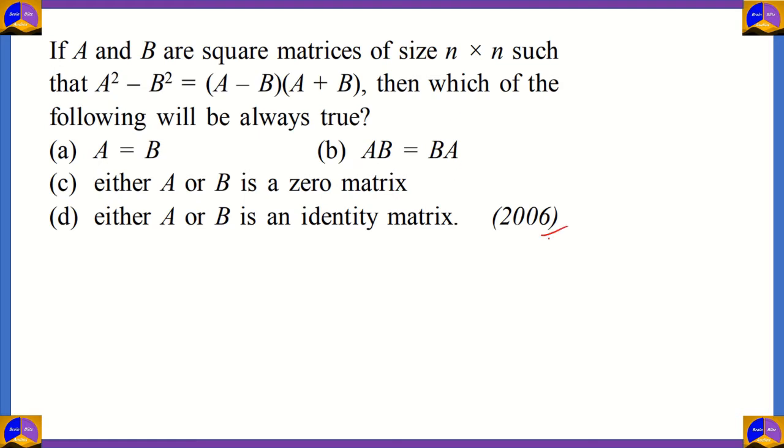So for this question asked in 2006, notice that both A and B are of the same order, n cross n. So therefore there is no difficulty in multiplying them. So A squared minus B squared equals (A minus B) times (A plus B).